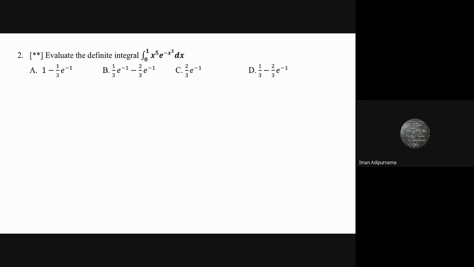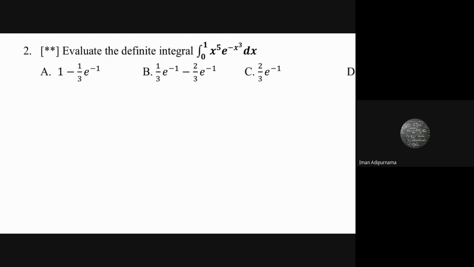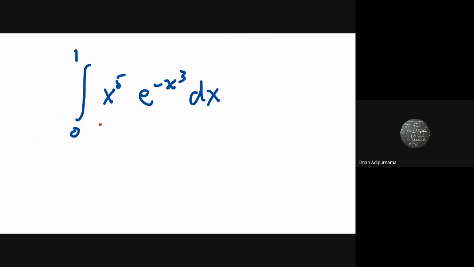Okay, I think I'll try to solve it for you. All right, now let me write the integral. If you look at the form of the integral, it starts with x to the power of 5 and e.